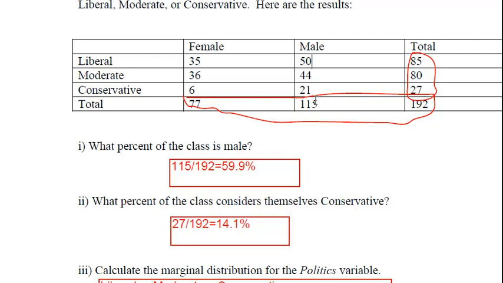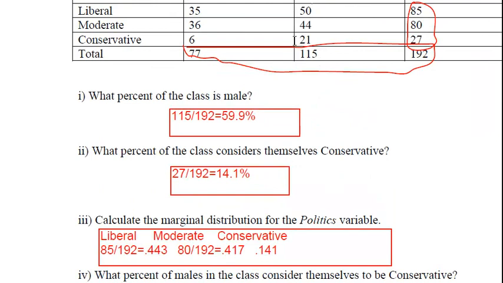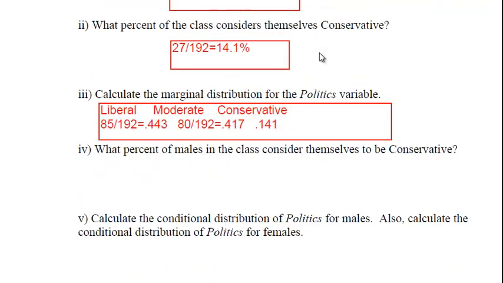We have a total of 115 males, and how many were conservative? 21 out of the 115 were conservative, and that's equal to 18.3%.